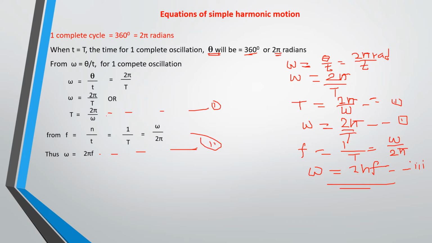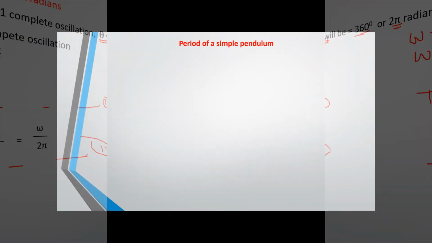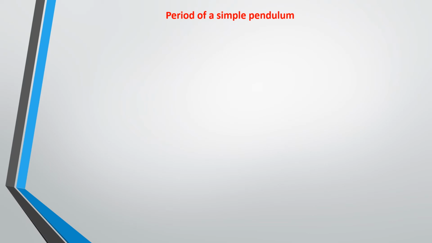Okay, so we want to look at the period of a simple pendulum. Now you know that the equation for the period of a simple pendulum is given by T equals 2 pi square root of the length of the pendulum all over acceleration due to gravity.